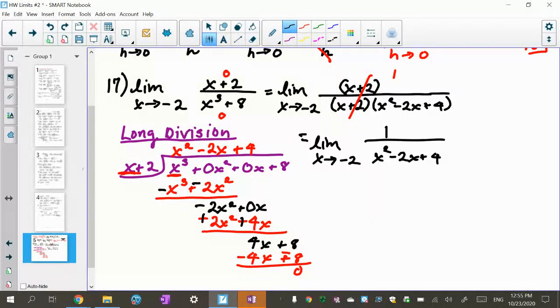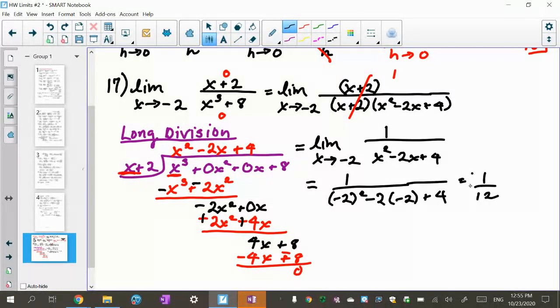And then I want to see, usually if there's a number in the numerator like that, you can plug it in. So I'm going to say equals 1 over, and I'm actually going to substitute the negative 2 in now and see if I get a nice number. So 2 times negative 2 plus 4. And when I do that, I got 4 plus 4 plus 4 is 1 over 12. So that's the limit of that one.